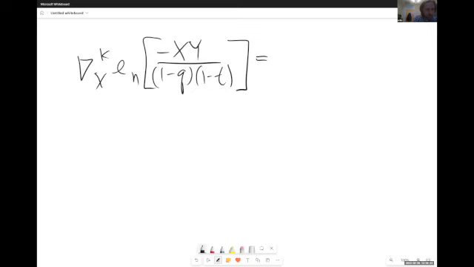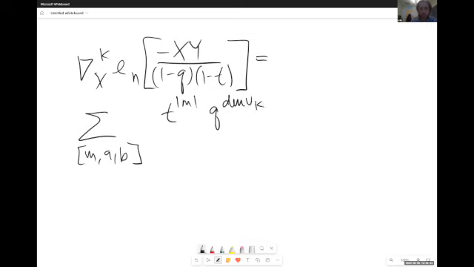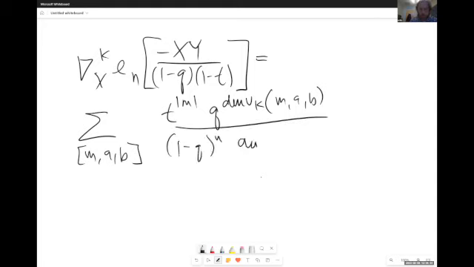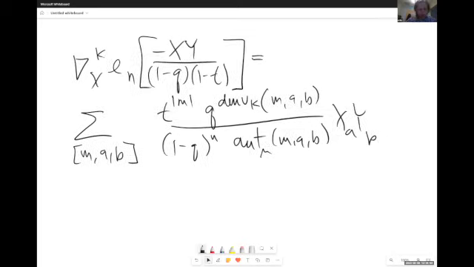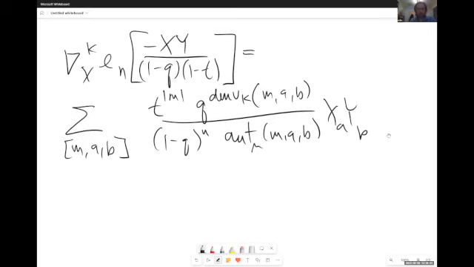And the statement was this complicated sum from before. And I think I want to explain what all these things meant again. That x to the a, y to the b. And so this is the main formula from that paper, combinatorial formula for the nabla operator by me and Anton.